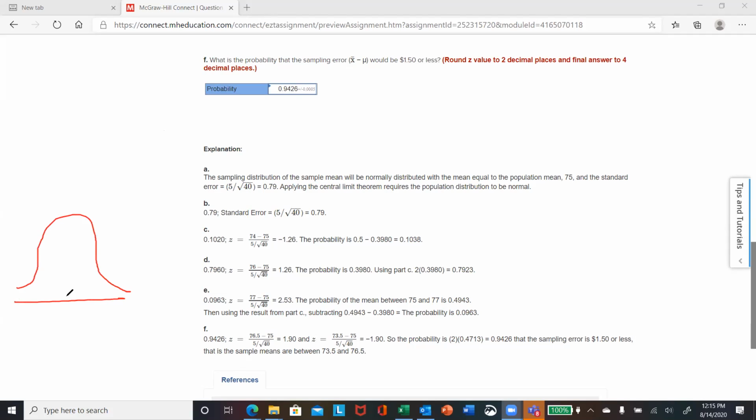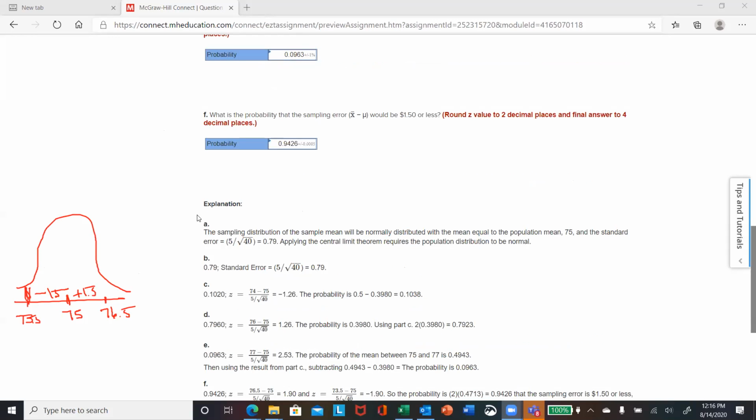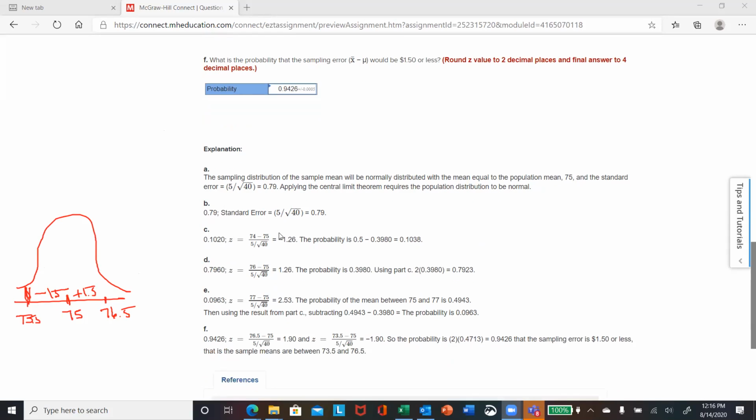If you've got 75 in the middle and you go out plus 1.5 and minus 1.5, of course that's going to take you to 76.5 and 73.5, and it looks like the question they're asking would be 1.50 or less.